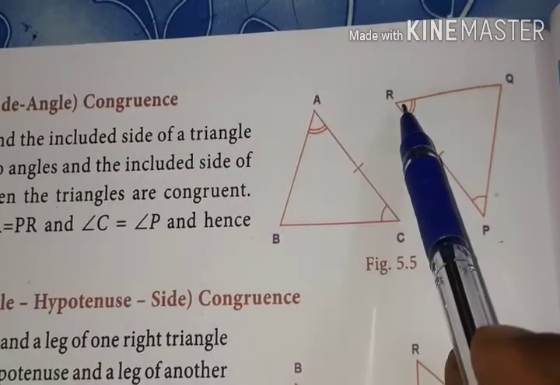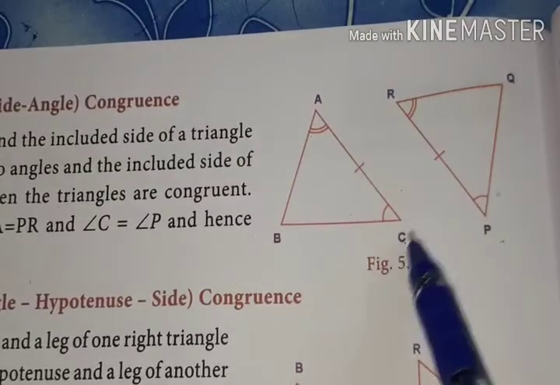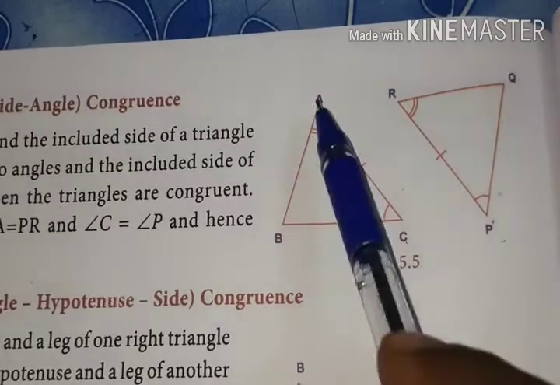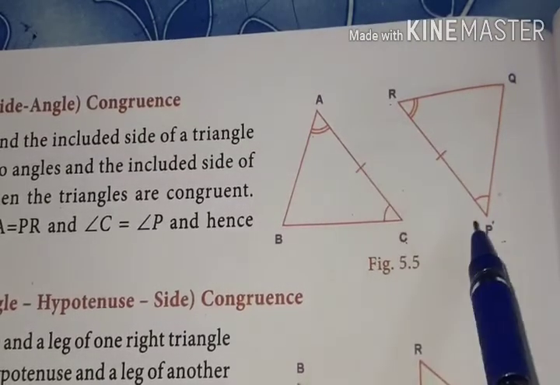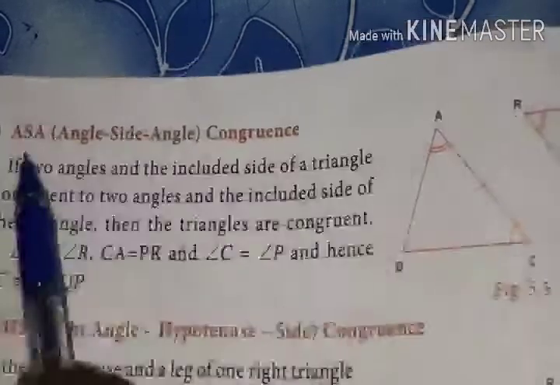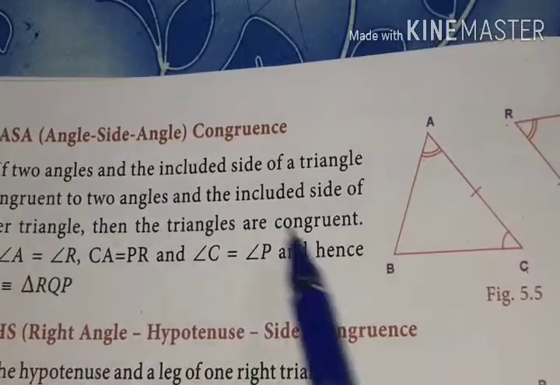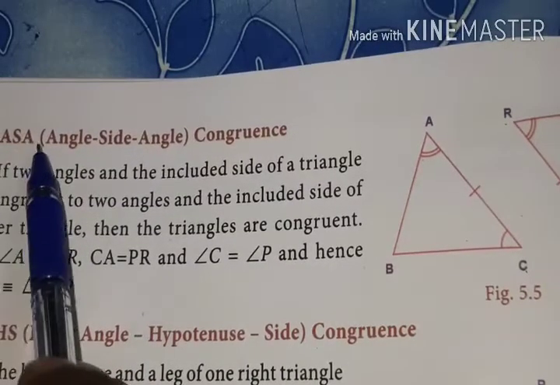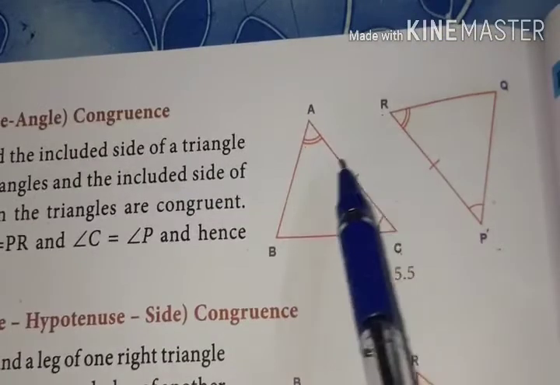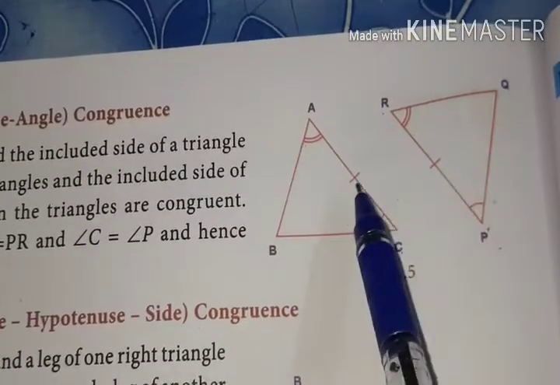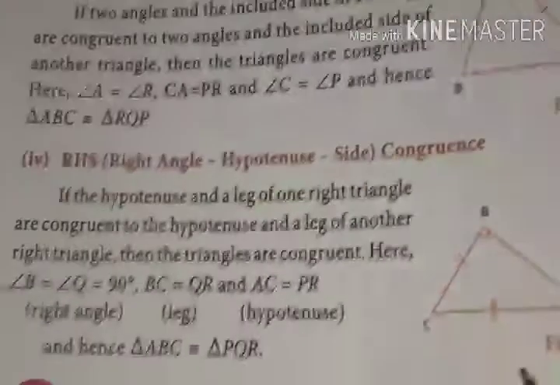Angle A equal to angle R and angle C equal to angle P and one side equal, AC equal to RP. This is the angle side angle test. Two angles and one side of the two triangles are equal.